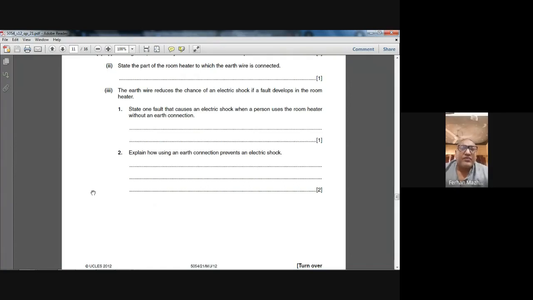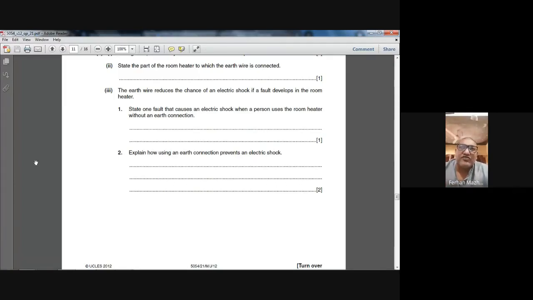You see, if by chance the insulation on the live wire gets damaged, the live wire comes in contact with the casing of the heater, then the casing of the heater will also become live. So if by chance somebody touches it, he will be electrocuted.